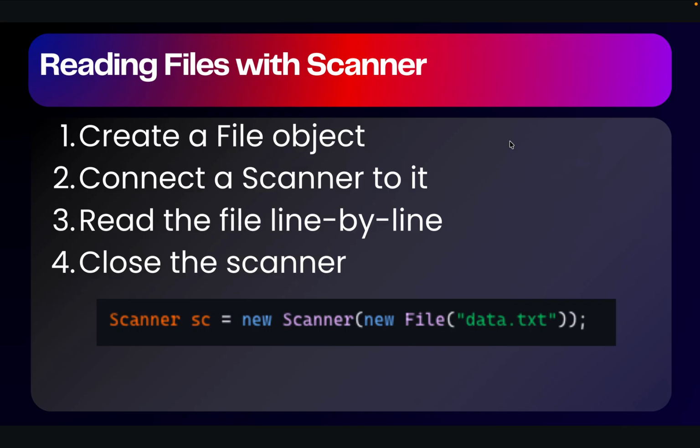So in this case, we're creating the file object new File data.txt, and it's connected to a Scanner, which we have named sc. Once you have a Scanner connected, you can read the file line by line, and after you do that, you would close the Scanner. This will make more sense in a code example.